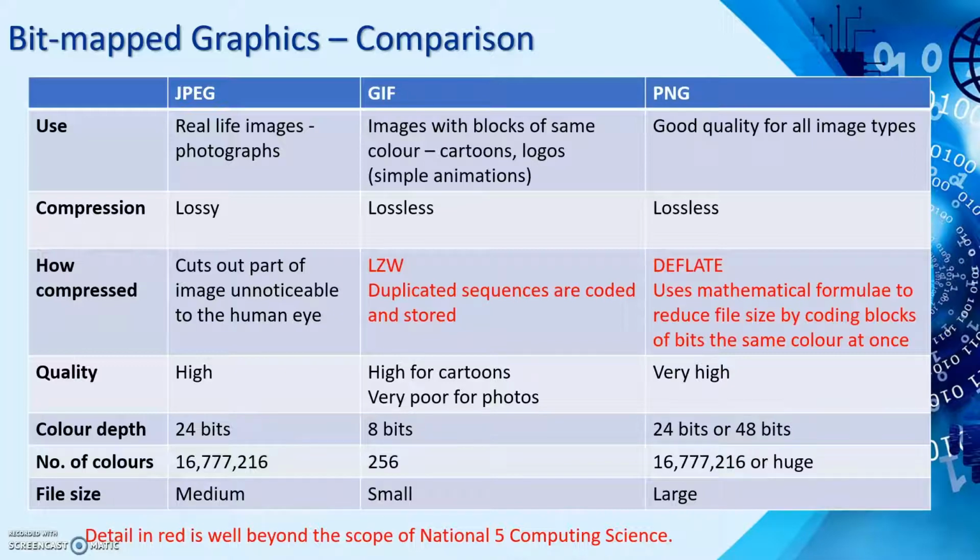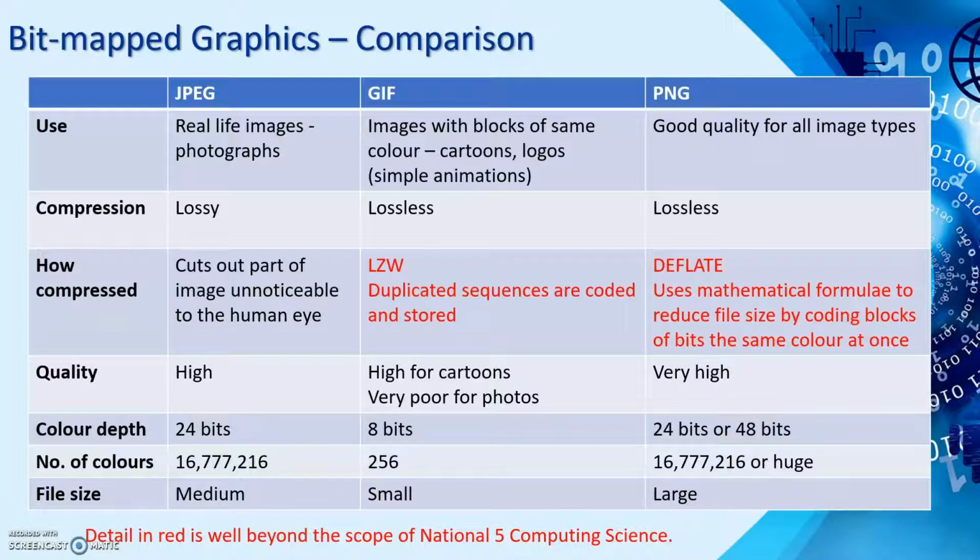A GIF is used for images that have got blocks of the same colour, like a cartoon image or a logo, and it can be used for simple animations. The compression: JPEG is lossy, permanently losing part of the image, but GIF and PNG are both lossless. You do not need to know how they compress. Please ignore that. Well beyond the scope of National 5.